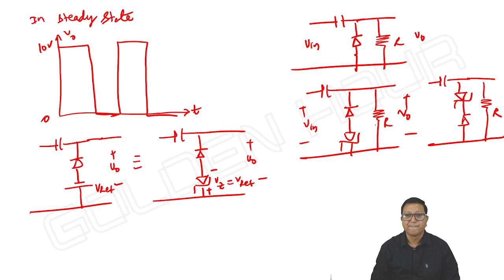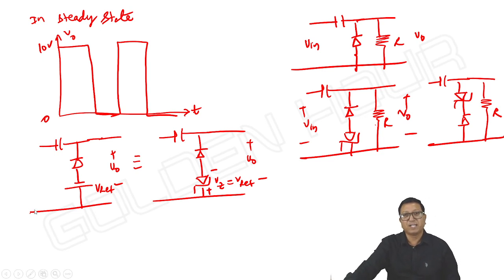Even for negative clamper also, the diode and Zener diode should be in opposite directions. They are in series, you can take the ordinary diode first, next the Zener diode, or vice versa. It is possible. That's it. So these are all the different combinations of clamper circuits.